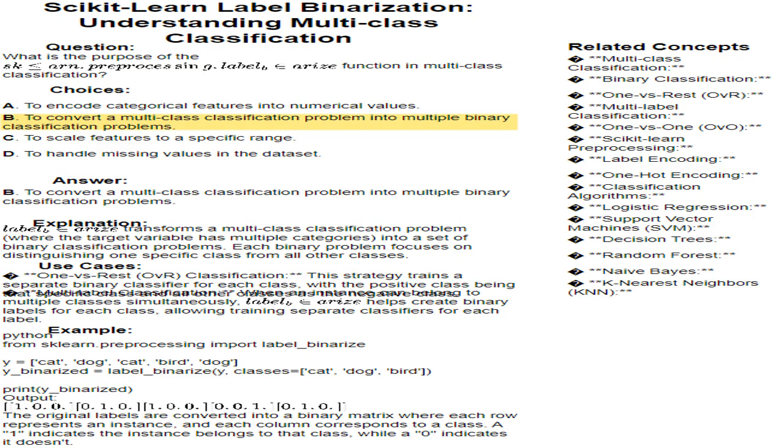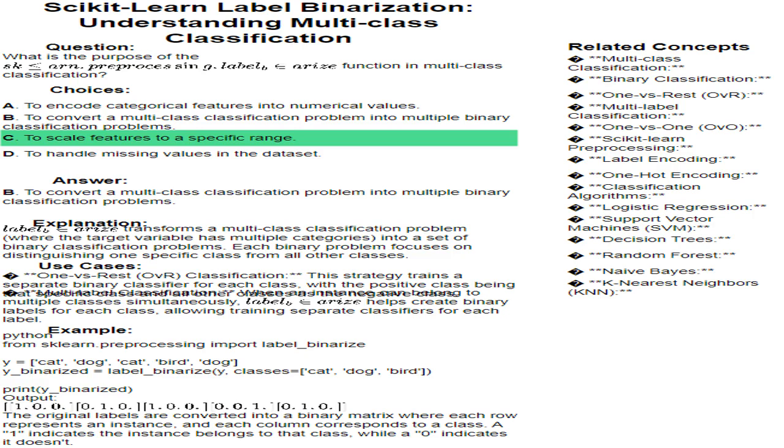True. This is the primary function of label_binarize. It transforms a multi-class problem with multiple categories into multiple binary classification problems, making it easier to apply algorithms like one-vs-rest, OvR. To scale features to a specific range.